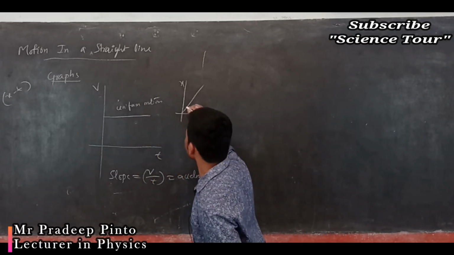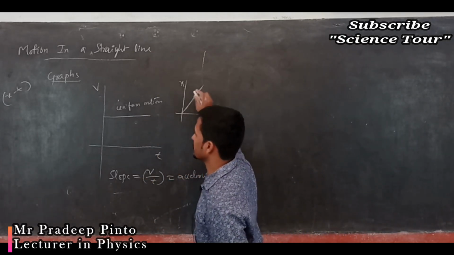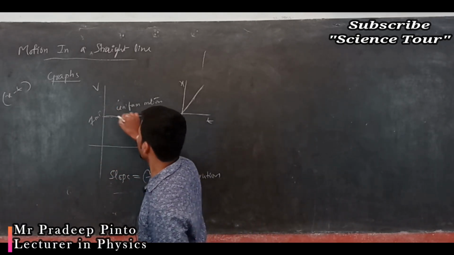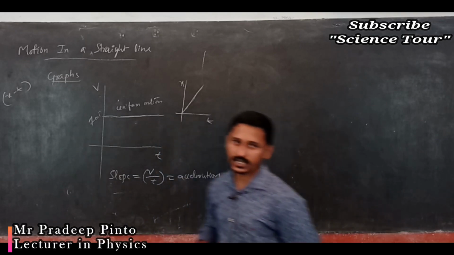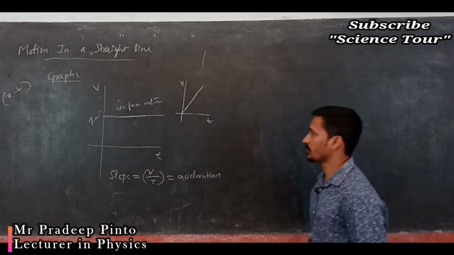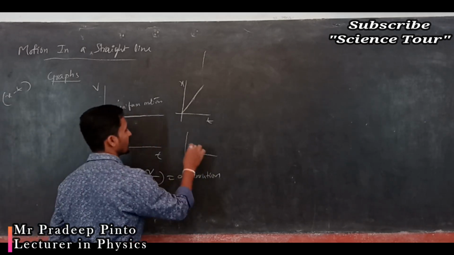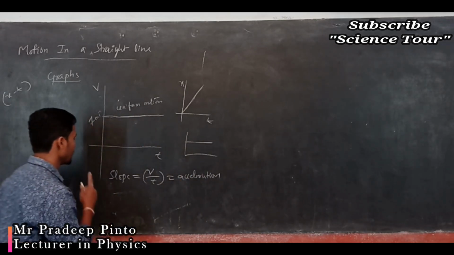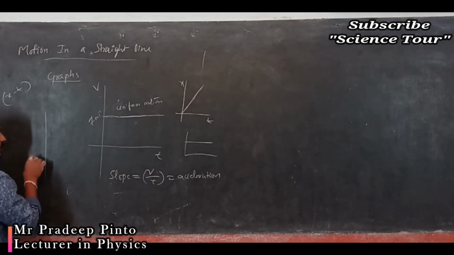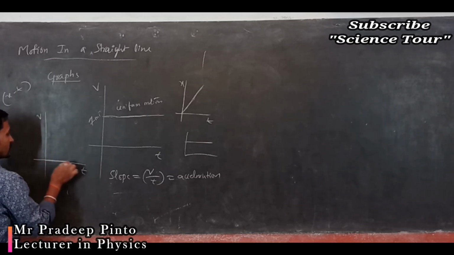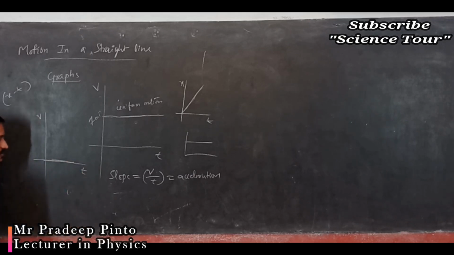So 1 meter per second is the velocity, no? Uniform. Now if the object is at rest, the position time graph is this way, but the velocity is 0, so the velocity time graph must be on the x-axis, the time axis, when the object is at rest.